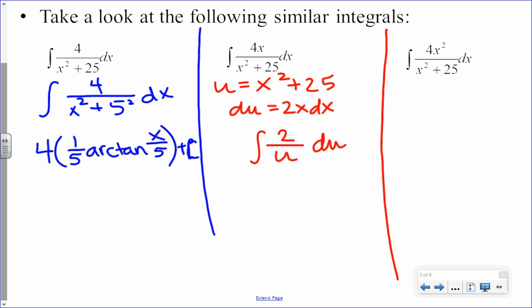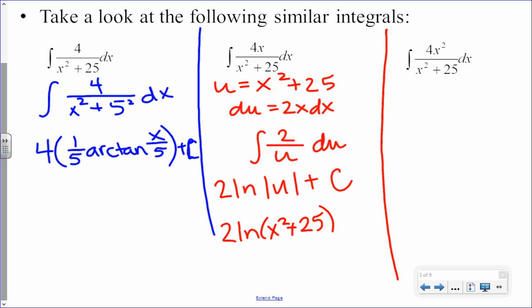Okay, so our antiderivative is 2 natural log of the absolute value of u. Now, it is not important whether you put the absolute value bars on x squared plus 25.